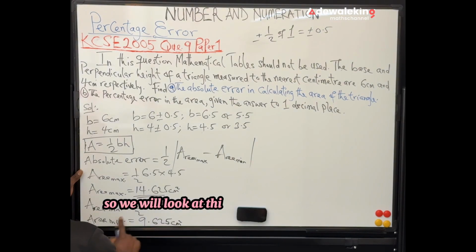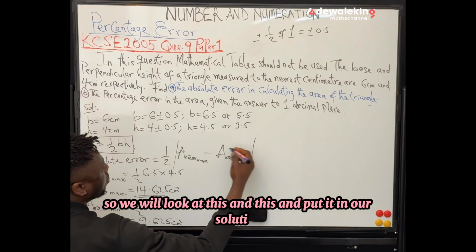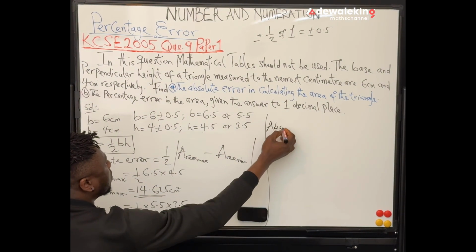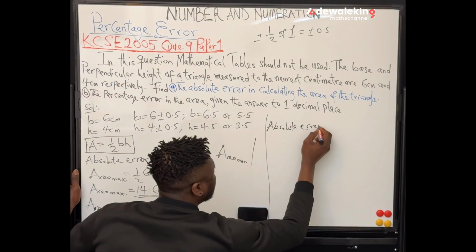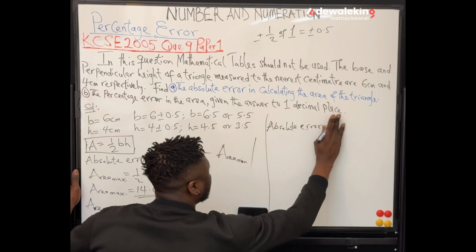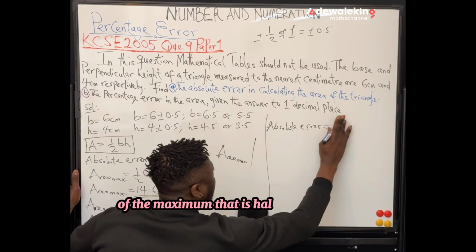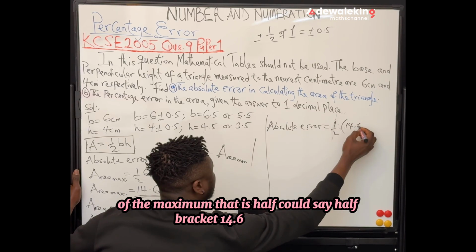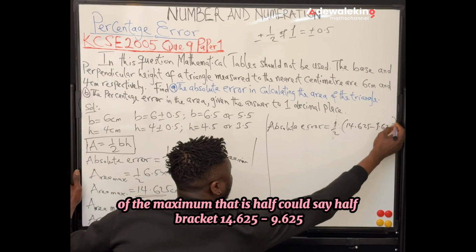So we're going to put this in our solution. The absolute error will be equal to half of the maximum minus the minimum, that is half, bracket, 14.625 minus 9.625.